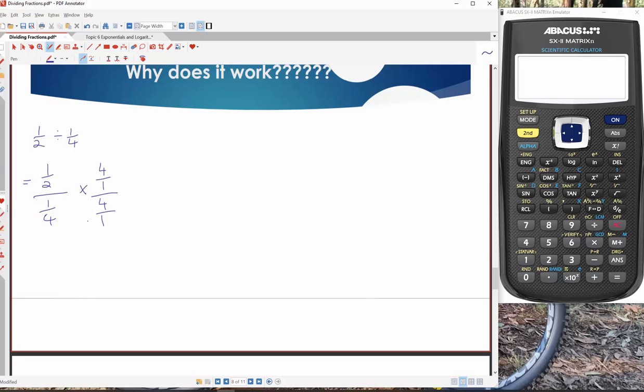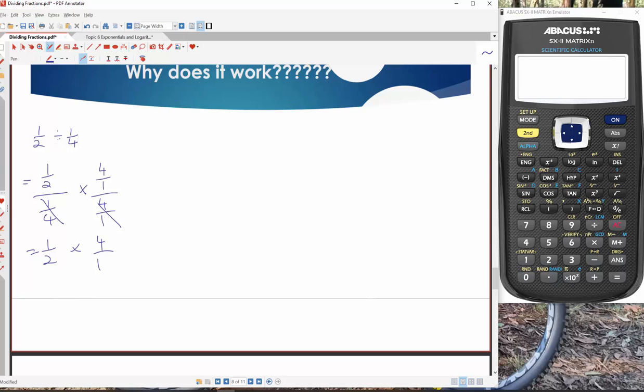Now the benefit of multiplying by 4 over 1 over 4 over 1 is have a look at what happens with the denominator here. We'll have 1 times 4 and 4 times 1, which means that we just get 4 over 4, which is 1. So what happens is that and that cancel out, leaving us only with the numerator, which is a half times 4 over 1. Now, what does that bear in resemblance to this?